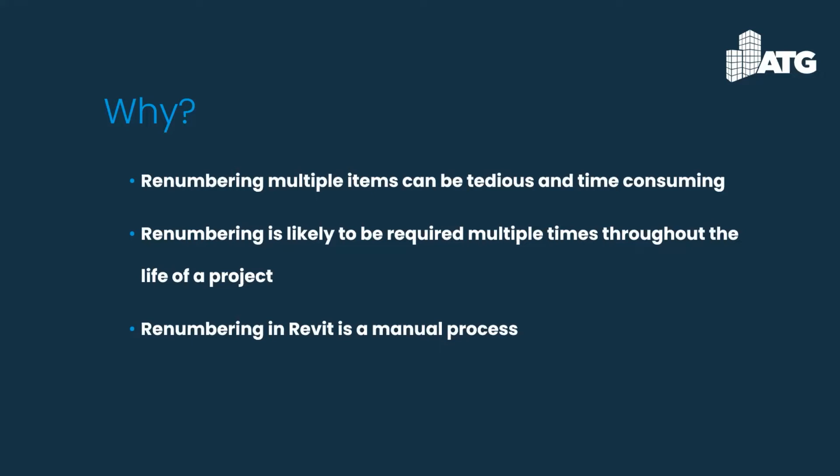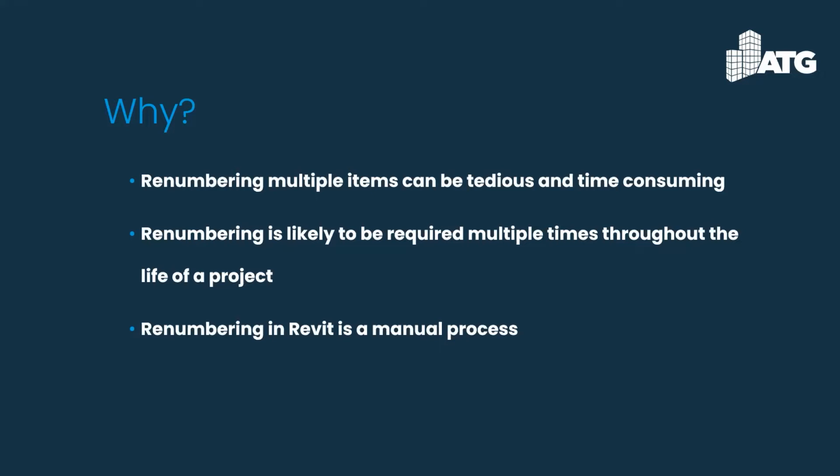And it's a very manual process. So you usually have to do it one by one. And there are certain objects in Revit that are not allowed to have the same number or mark value. So in those cases, you have to go track down the one that has the number, change it to something else, go back to the one you want to change to that number, and keep doing that.